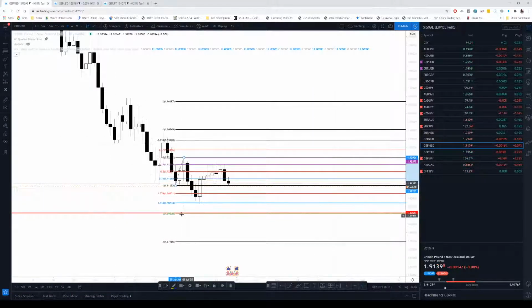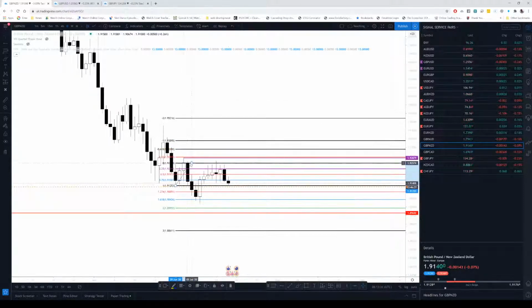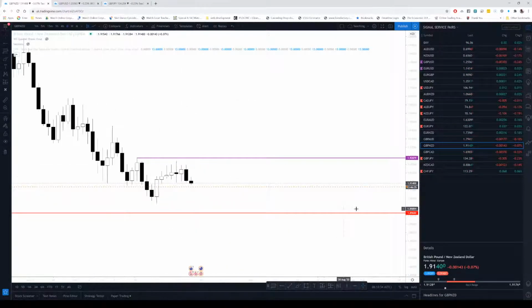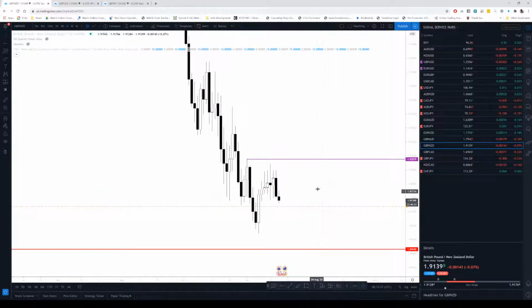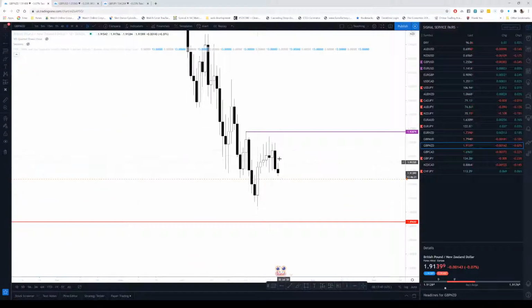Yeah, I fancy another leg down to that 2% between this high and that low. Another leg down before buyers come in at that level. So I can potentially look for a short on this, and then I'll wait.